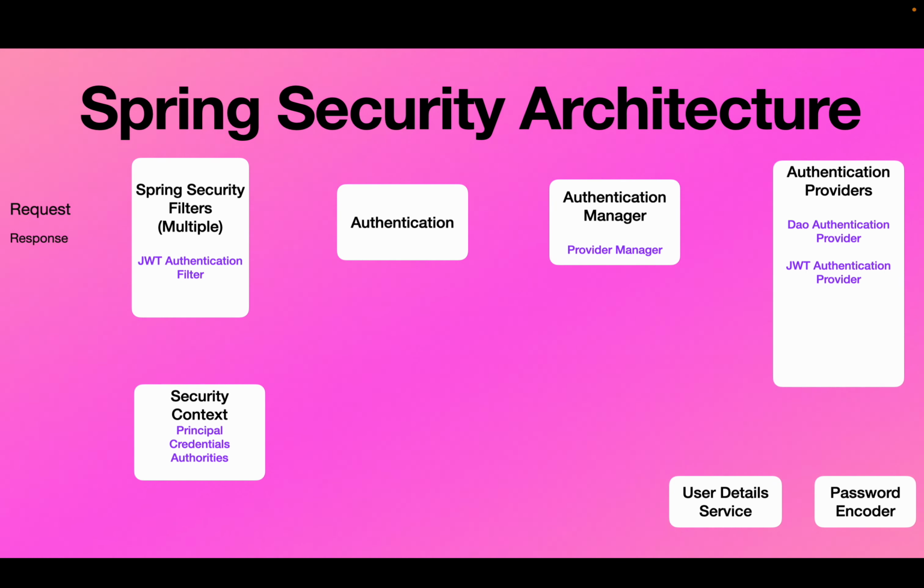So I request you all to understand this Spring Security architecture really well. Before we deep dive into the further coding of Spring Security, it's really important to understand the Spring Security architecture.